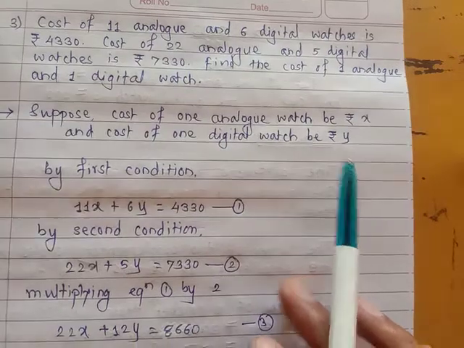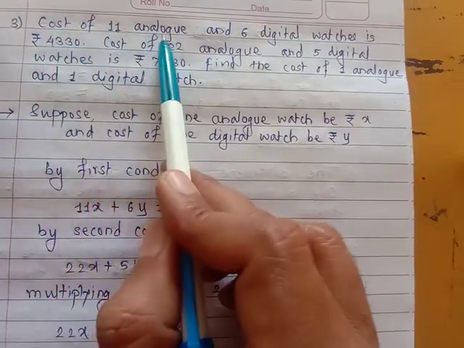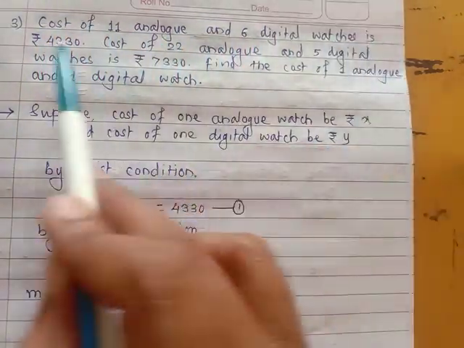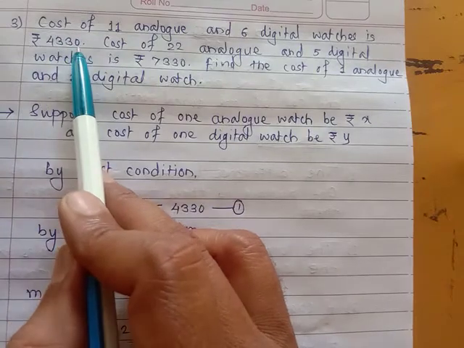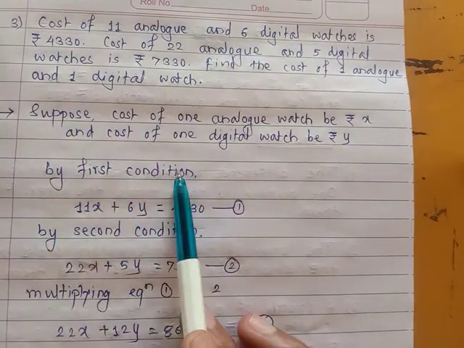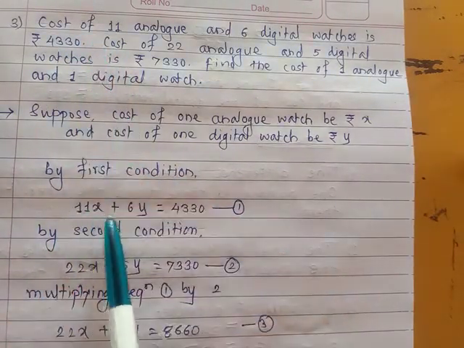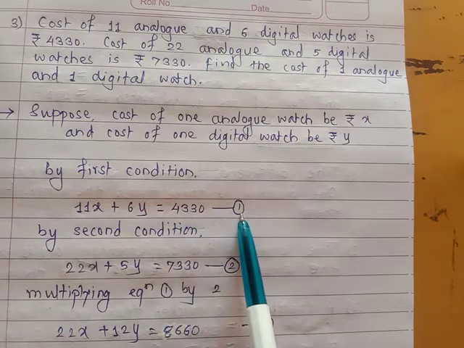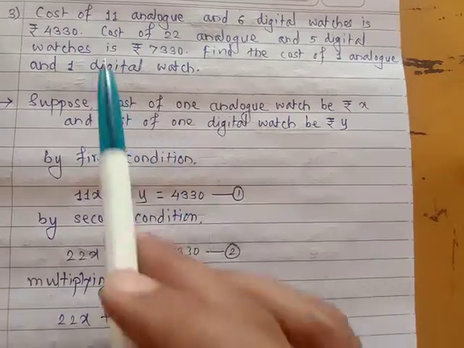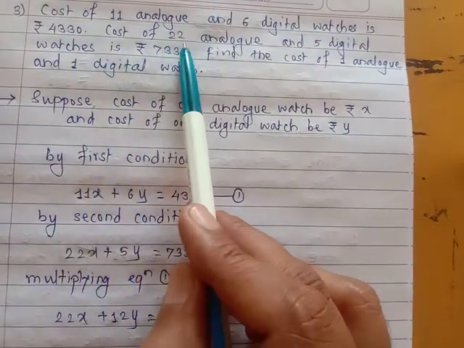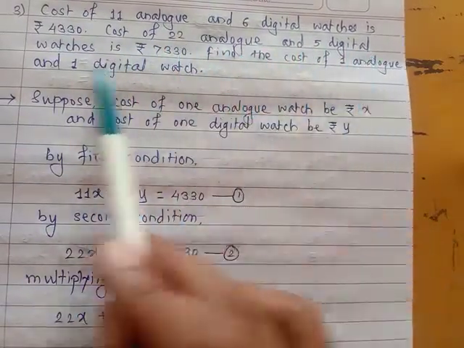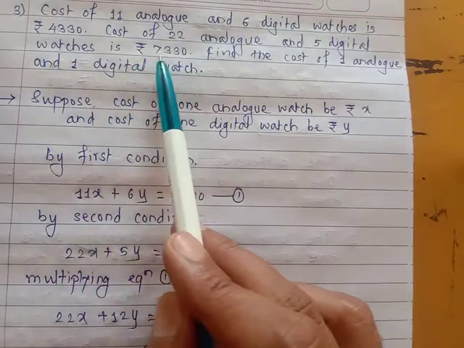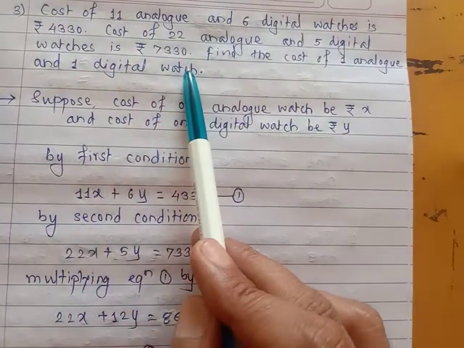What is our first condition? Cost of 11 analog and 6 digital watches is rupees 4,330. So by first condition, 11x plus 6y equals 4,330. This is equation number 1. What is our second condition? Cost of 22 analog and 5 digital watches is rupees 7,330.